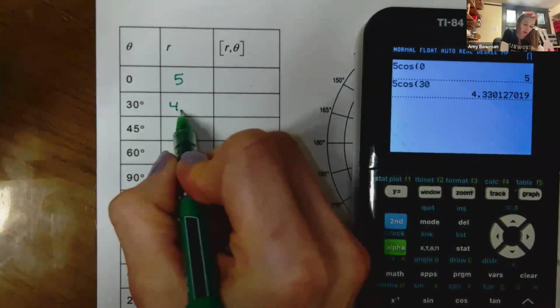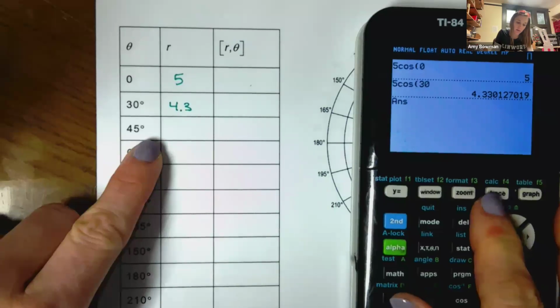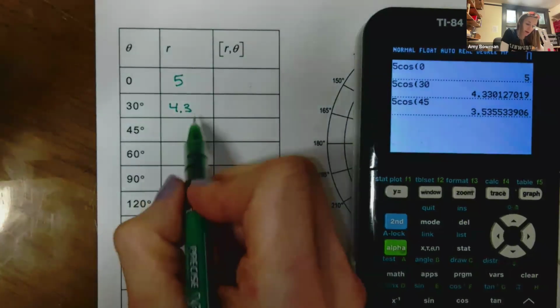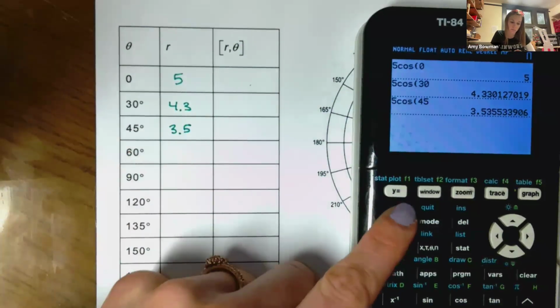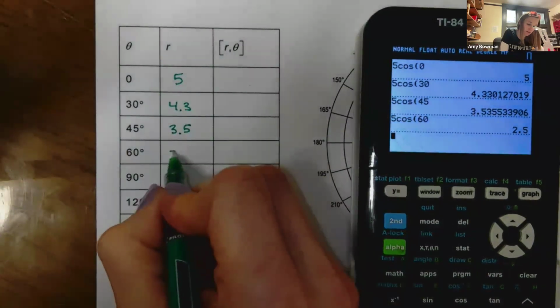Again, tenths is okay, rounding to the nearest tenths. Second entry, 45, we've got 3.5. Changing that to 60, 2.5.